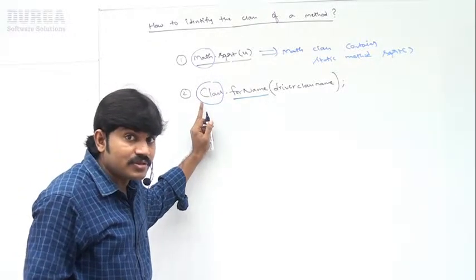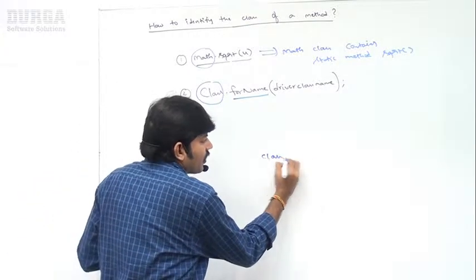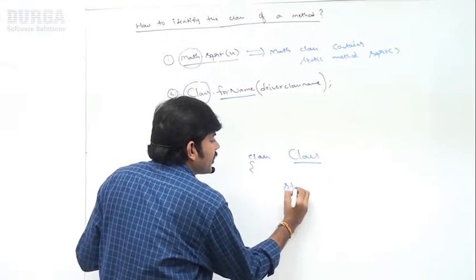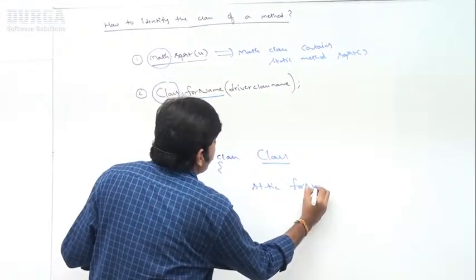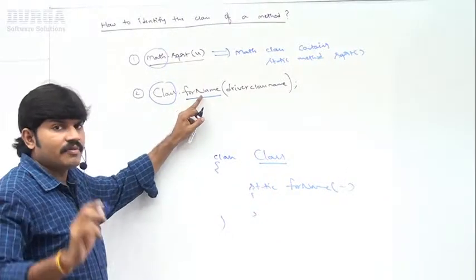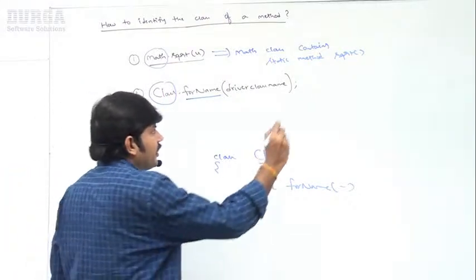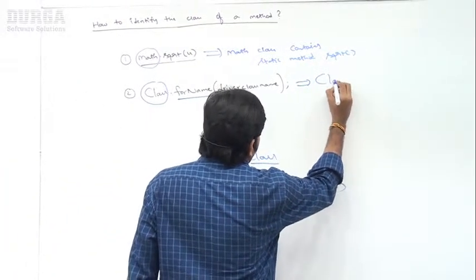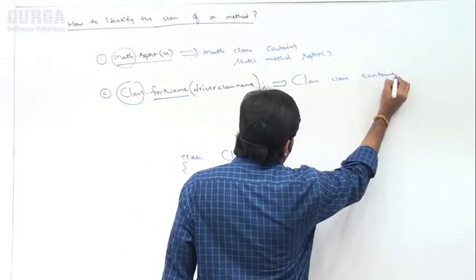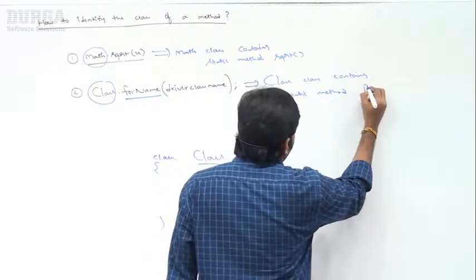Sir, don't get confused. There is one Java class named Class. This Class contains a static method. What is the method name, sir? forName. Everyone can understand, right? So here we are calling the forName method, a static method present inside Class. That's why I can use the words: Class contains the static method, sir, forName.